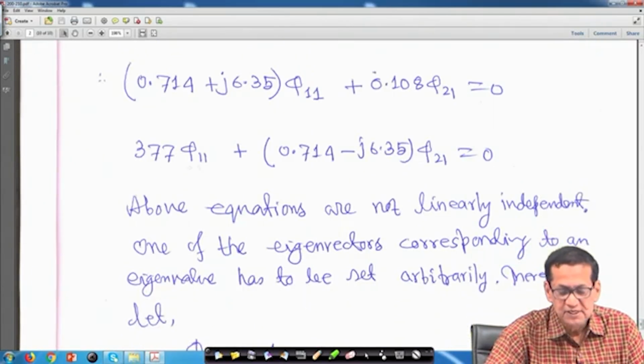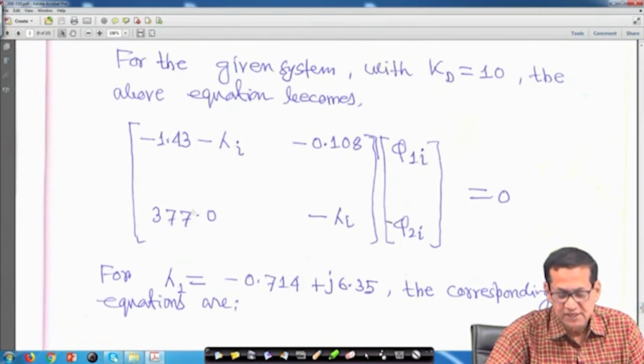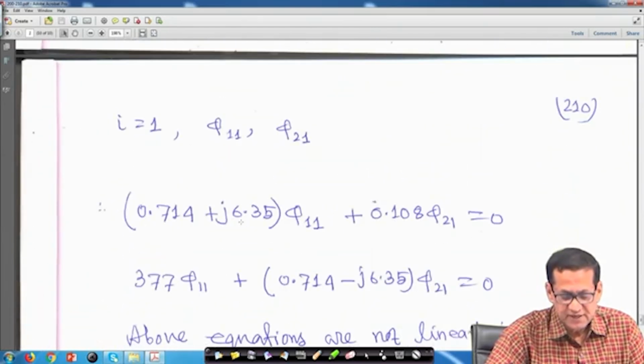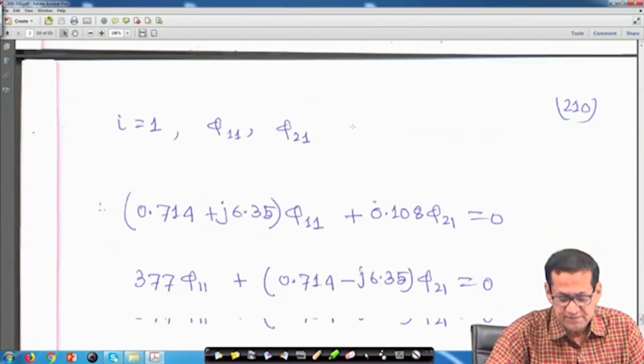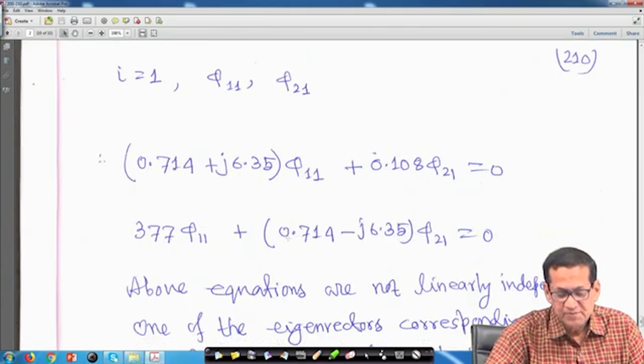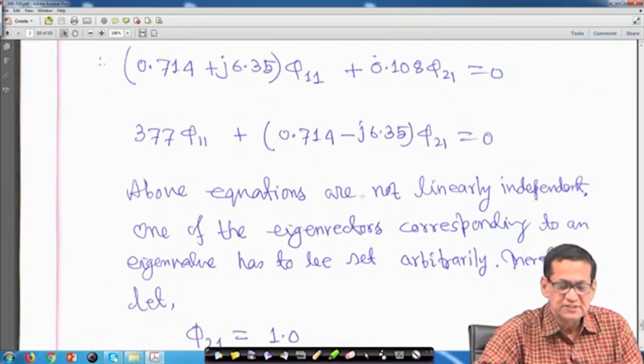The second equation also has 377 phi 1 1, and your lambda 1 is equal to minus 0.714 plus j 6.35. So, this one becomes plus 0.714 minus j 6.35 phi 2 1 is equal to 0. First you write down these two equations, right.